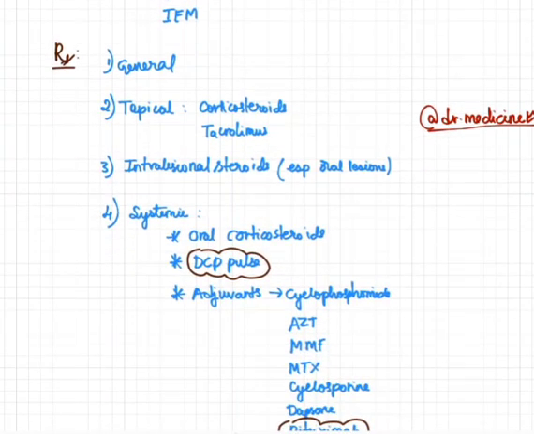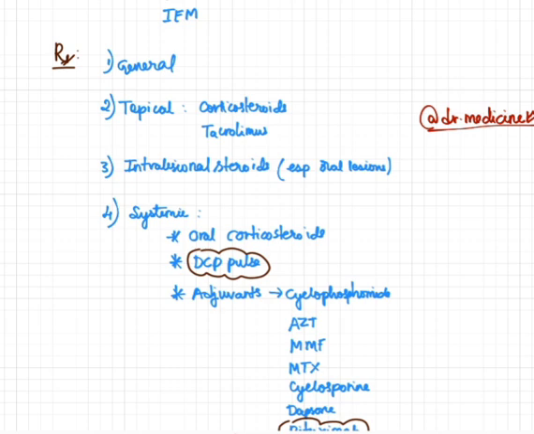Coming to management, the general measures include avoiding the thiol or non-thiol drugs, as well as treating the underlying malignancy in case of paraneoplastic pemphigus. All these general measures are very important. As well, if any secondary infections are occurring, then starting antibiotics and maintaining the fluid and electrolyte balance are necessary.